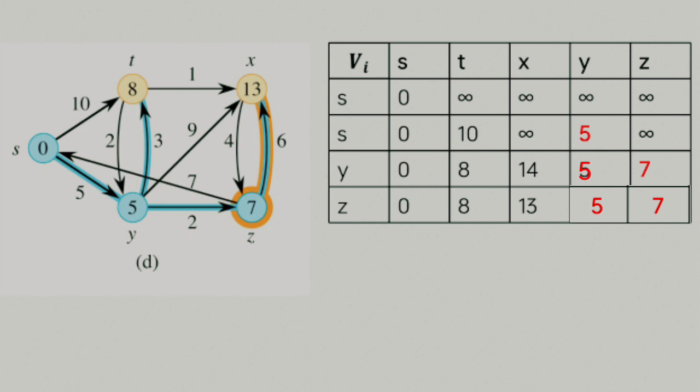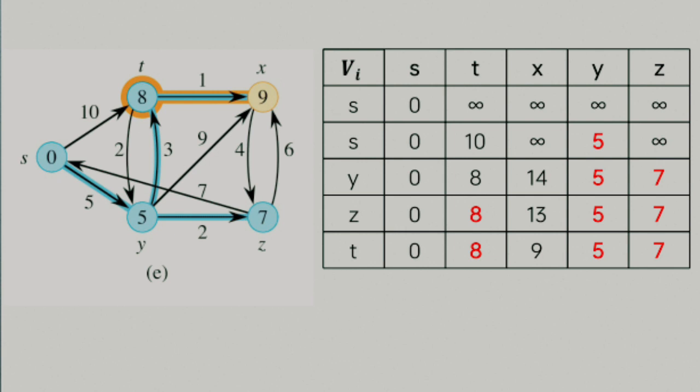Next, consider the vertex X. The shortest distance from S to Z is 7 and the distance from Z to X is 6. So the total distance from S to X through Z is 7 plus 6, which is 13, which is better than the previous value, which is 14, and hence the value of X is updated.